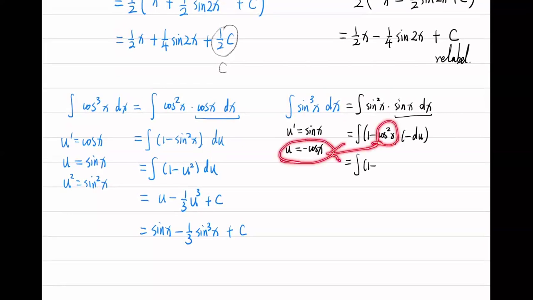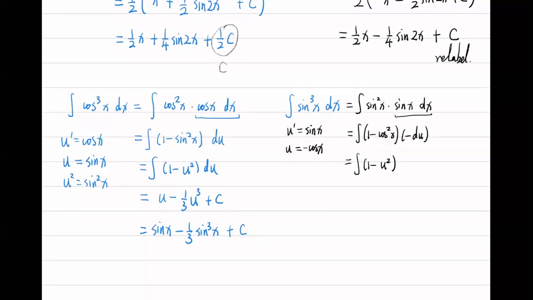Sophia? Negative u squared. Yes, negative u squared is u squared. This negative du, I can put out a negative sign. Okay, then the integral will be negative, u minus 1/3 u cubed.